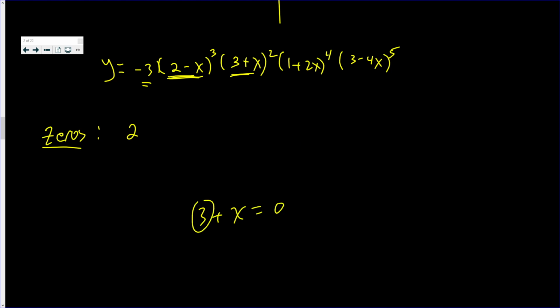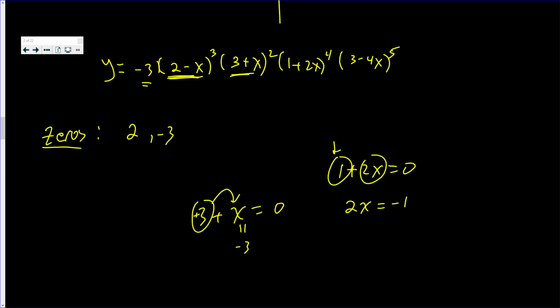That means these two numbers have different signs. That 3 is understood to be positive. The x is -3. 1 plus 2x is 0. That means these two numbers have opposite signs. The 2x is not 1 because that's 1. It must be -1.